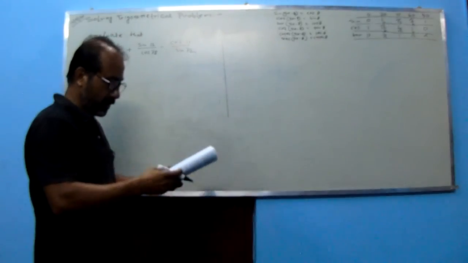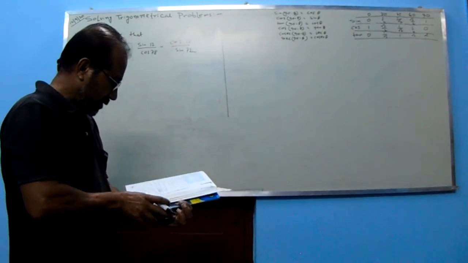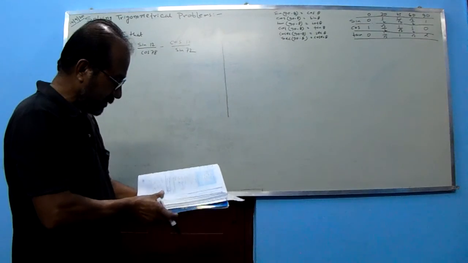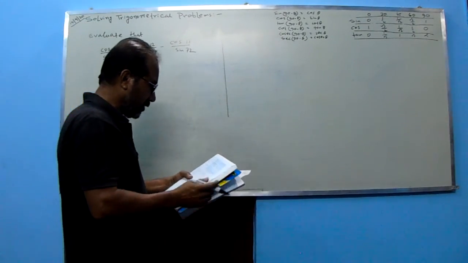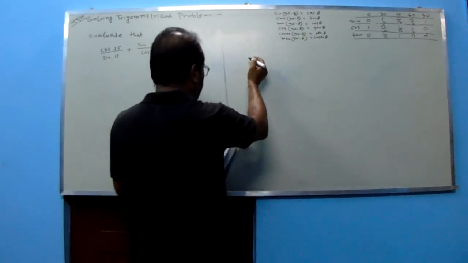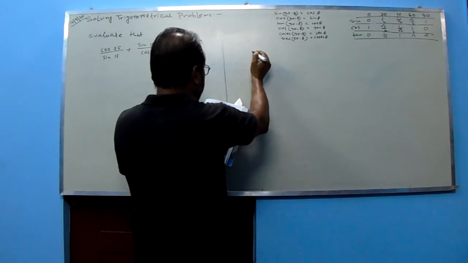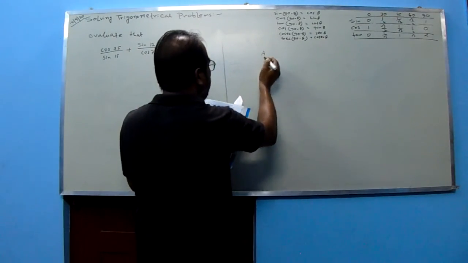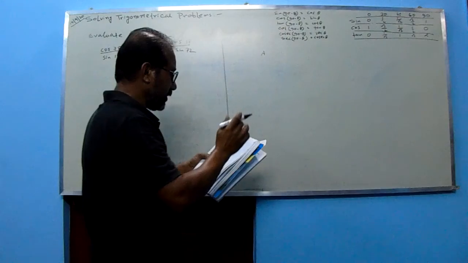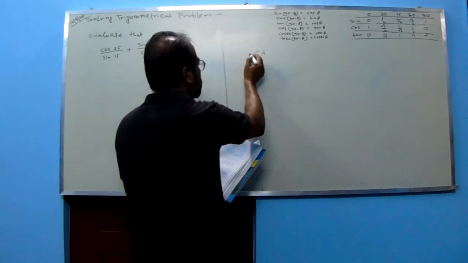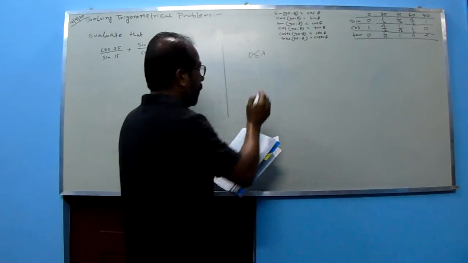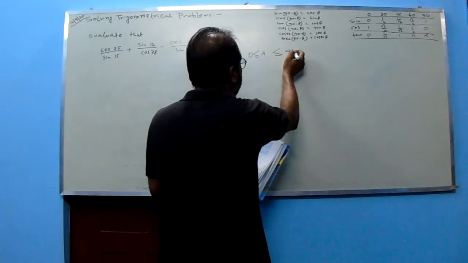Another math also I will write. It is also coming in the board examination. They have given another math, that angle A has a limitation: it is greater than or equal to 0 and less than or equal to 90.